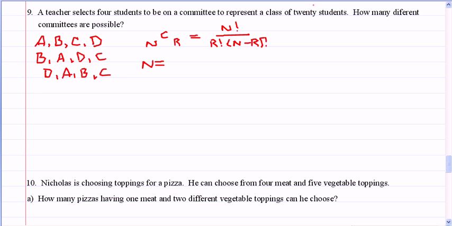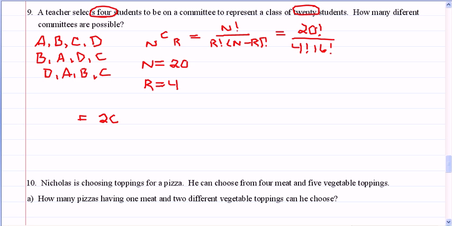This is a class of 20 students, so n is equal to 20. My r is the size of my committee, how many people I'm actually choosing, which is 4. So when I substitute in the numbers, I have 20 factorial over 4 factorial, and then the difference is 16 factorial.